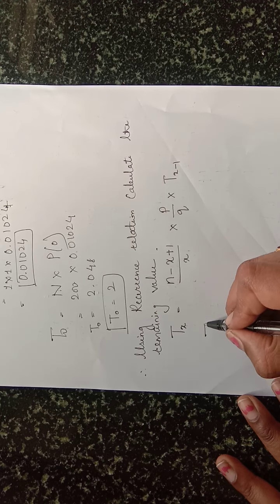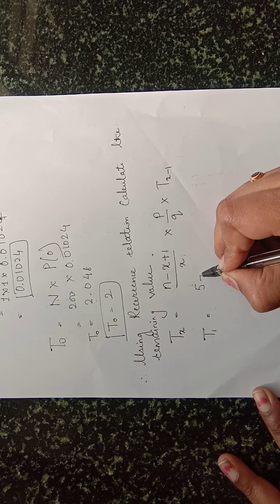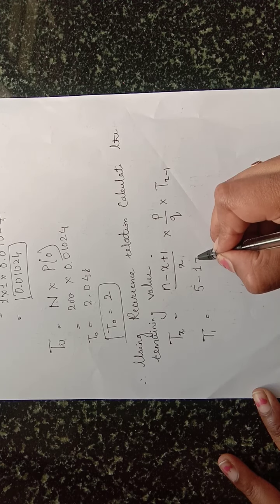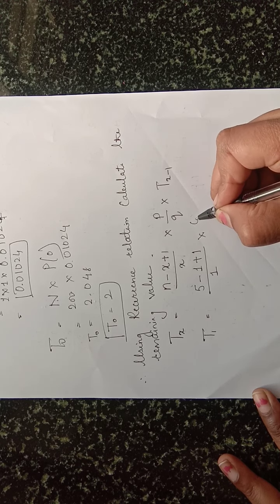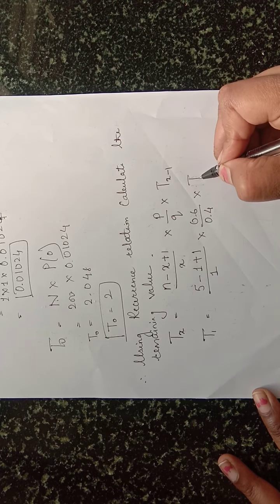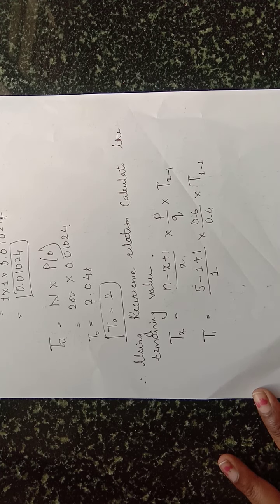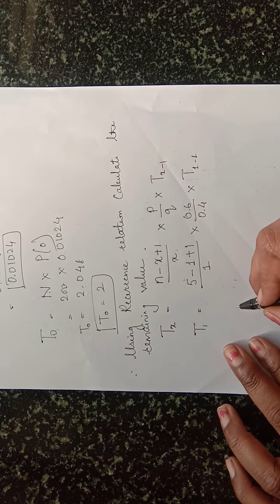T0 we know. Now T1. What is n? 5. 5 minus 1 plus 1 divided by 1, p value is 0.6 divided by 0.4, into T1 minus 1. Right. Now solve next.